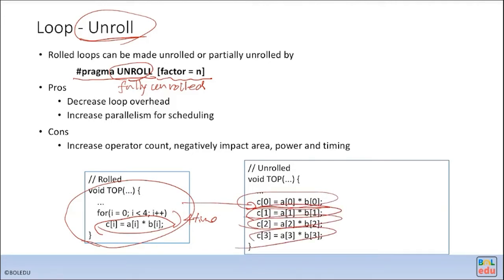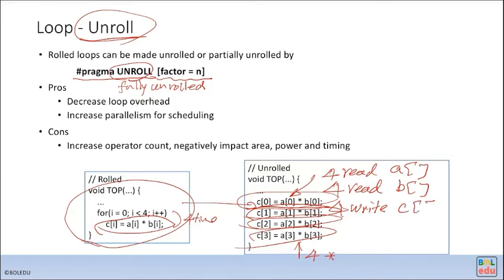In here, if you want to do this all at the same time, you will need 4 multipliers, and you also need 4 reads on A and 4 reads for B and 4 writes for C.